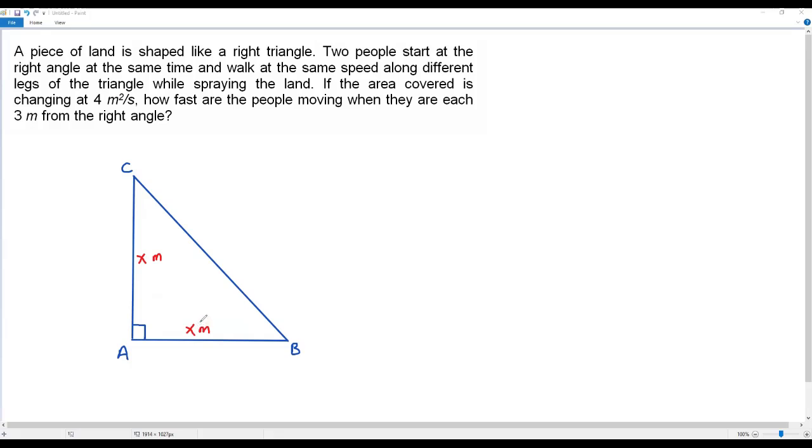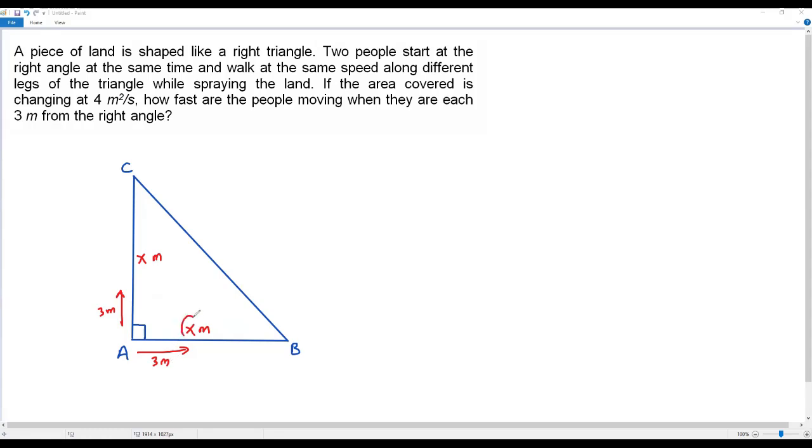Also, the question is asking us to find how fast the people are moving when they are each 3 meters from the right angle. Let me write that over here. When each person is 3 meters away from the right angle, how fast are they moving?